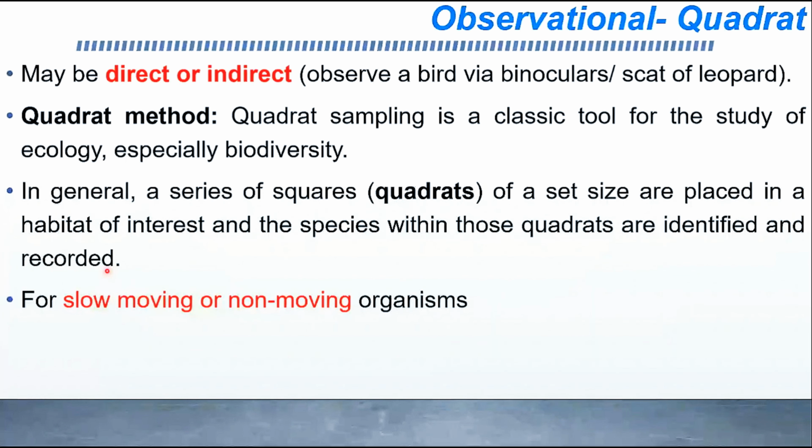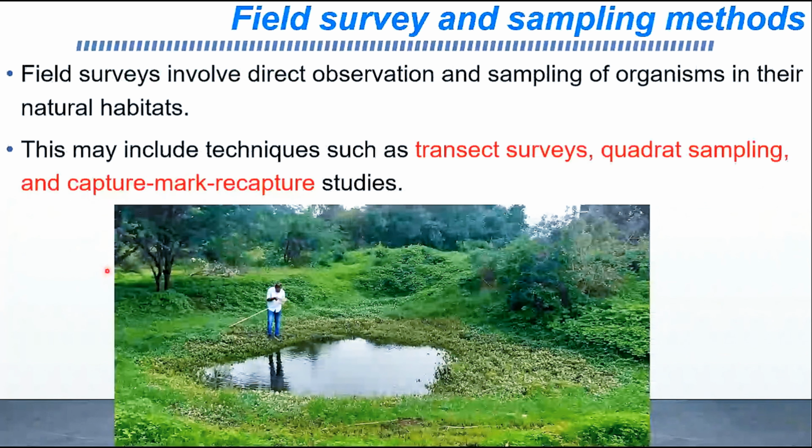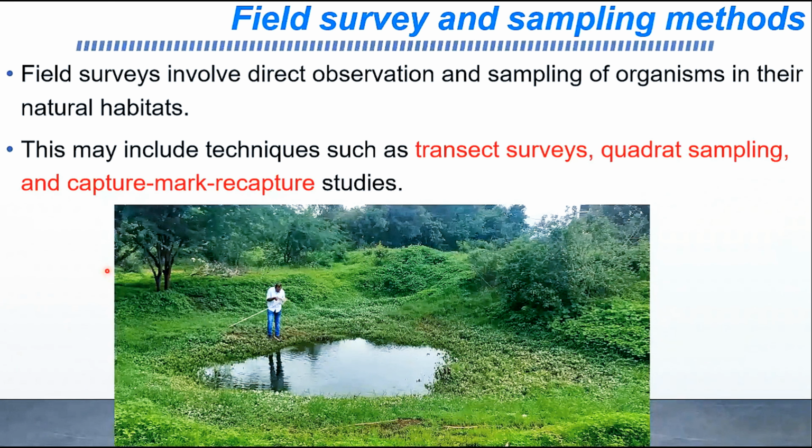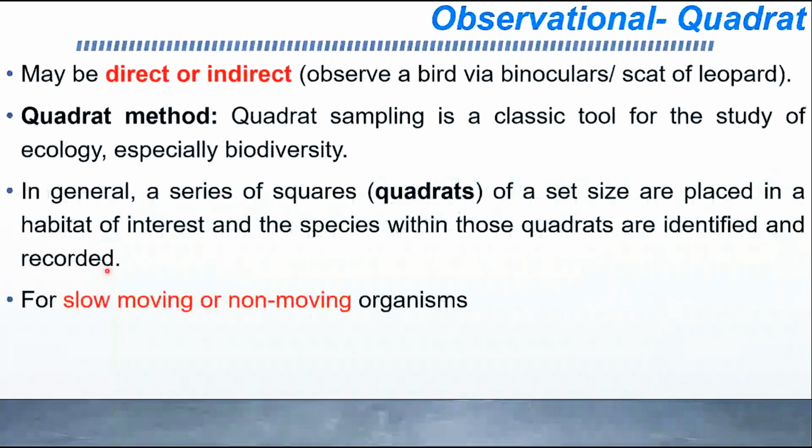Now before that, as I told you, observational methods can be direct, right? You just go to a water body, you have your net, you put the net into the water, you collect the specimens, you observe them, and you take them to your lab for further work. Or it can be indirect. For example, direct can be you have a binocular and you look at a bird through the binocular.